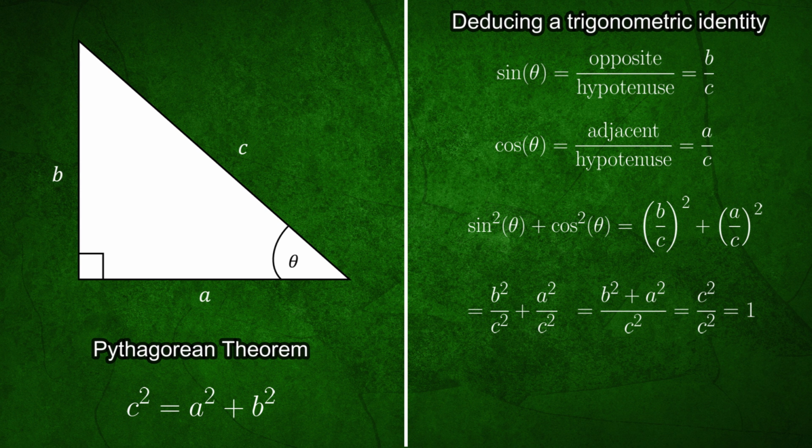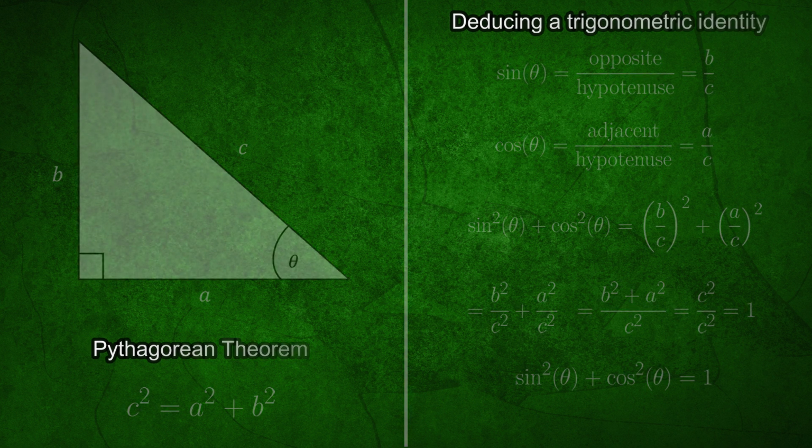So we can substitute this in our last equation, and we get that sine squared of theta plus cosine squared of theta is equal to c squared over c squared, which is equal to 1. And this is the first trigonometric identity that you need to have in mind. Sine squared of theta plus cosine squared of theta is equal to 1.